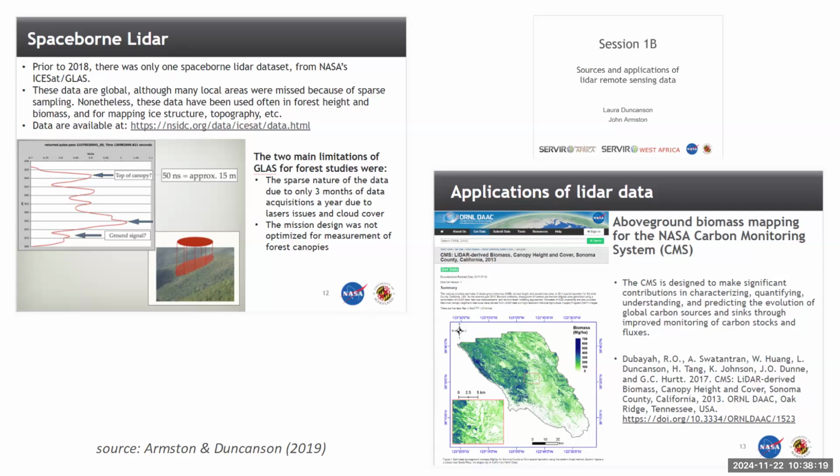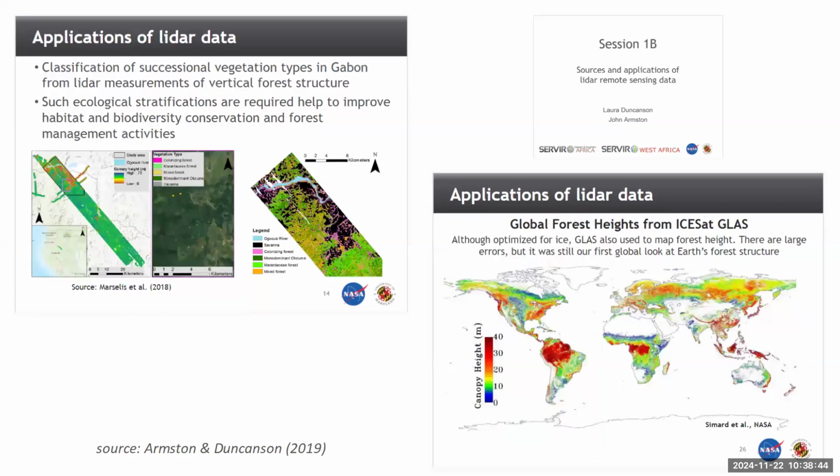But if the term biomass isn't your thing, maybe you're interested in going commercial, and you work for a company like Weyerhaeuser looking at timber harvesting. LiDAR data can also be used for looking at densities of timber for commercial purposes, because this wood came from somewhere, right? So there are different things that can be done.